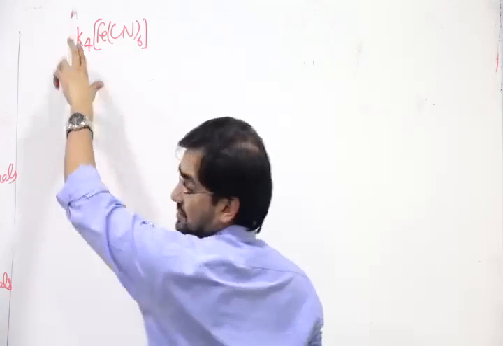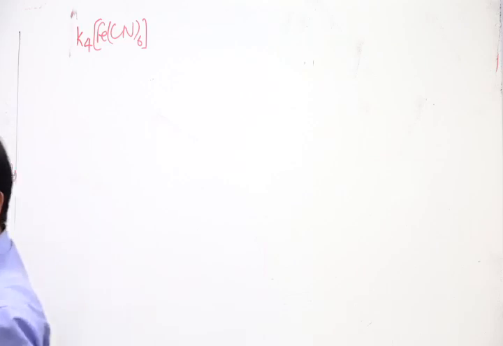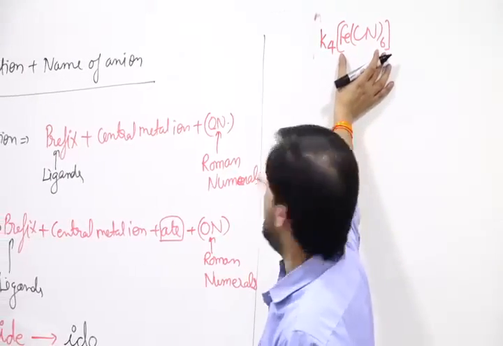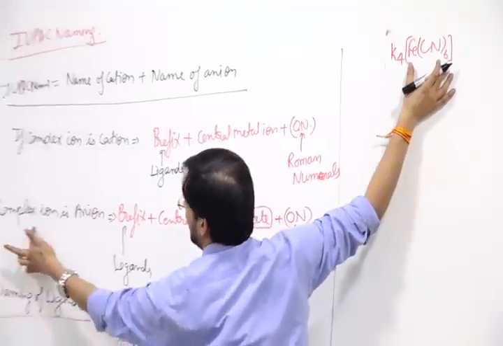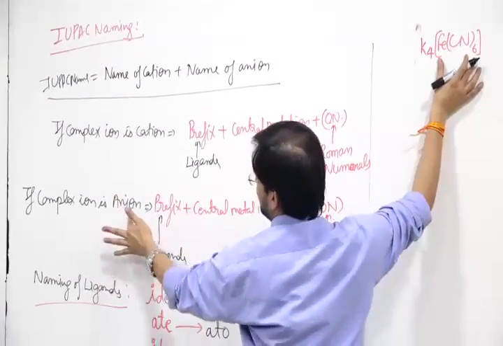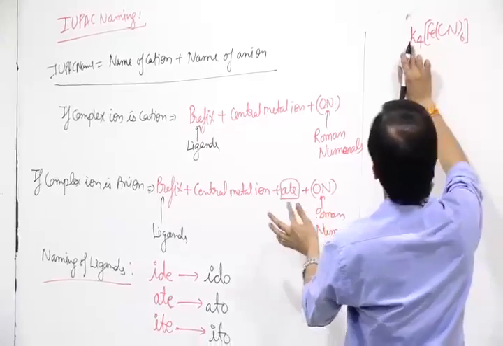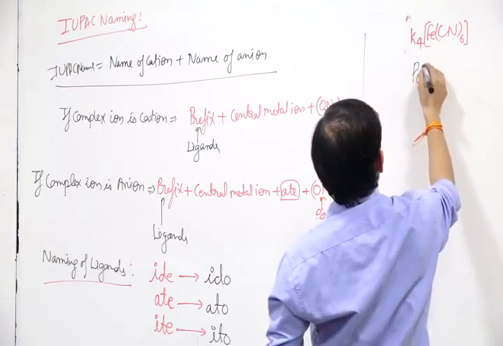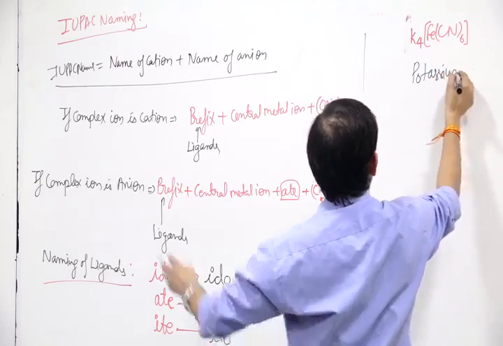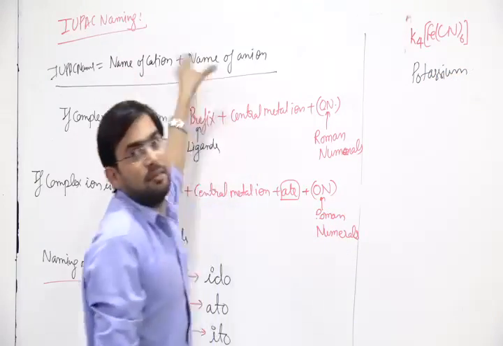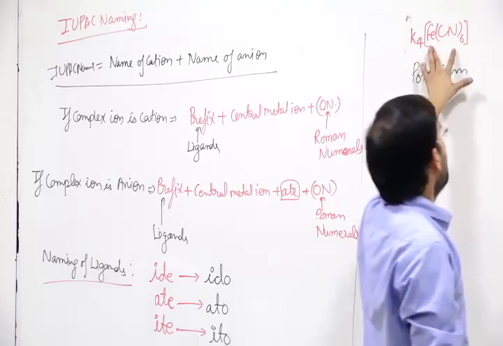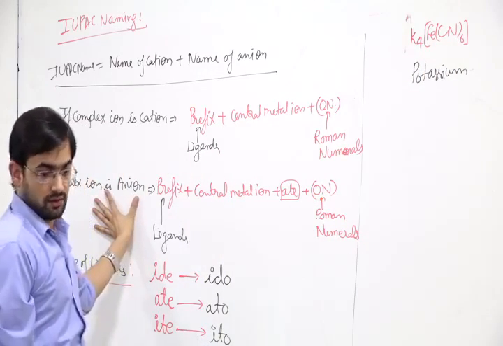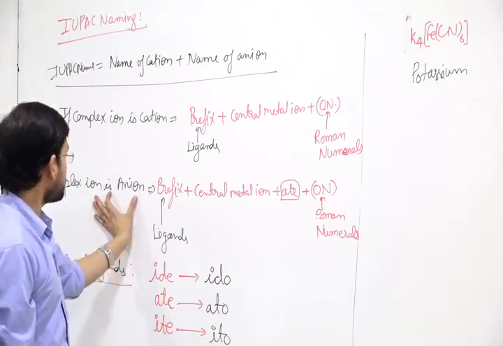This is the normal cation, and this is the anion. If the complex ion is an anion, I have to write in this manner. The cation is normal, so its name will be potassium. Now I have to write this complex anion.